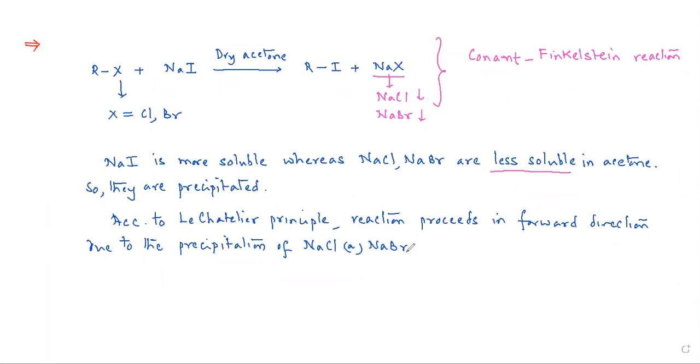This is very interesting. Sodium iodide is more soluble, but sodium chloride, sodium bromide are less soluble.